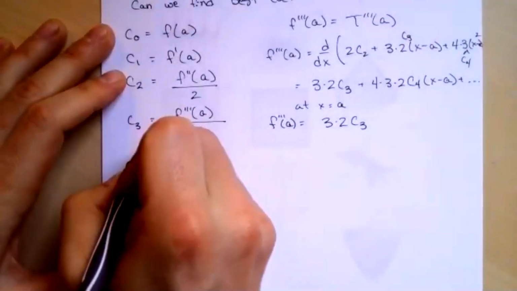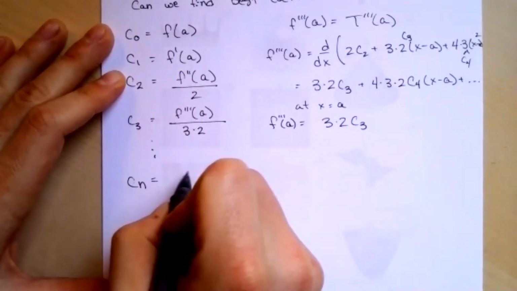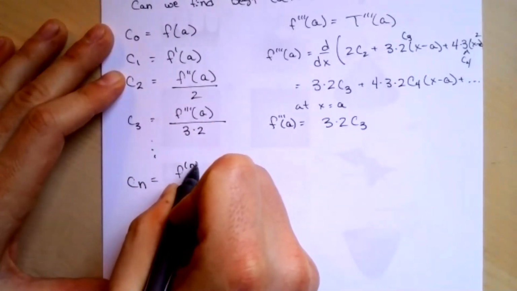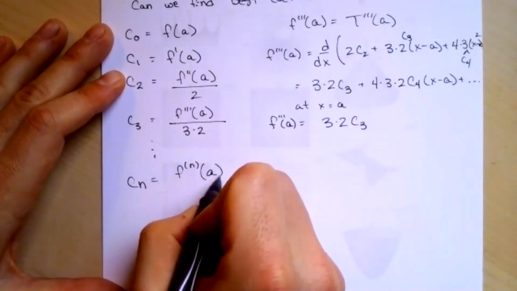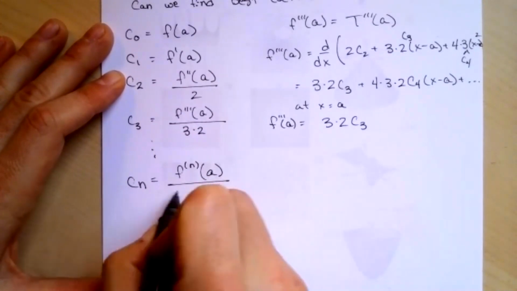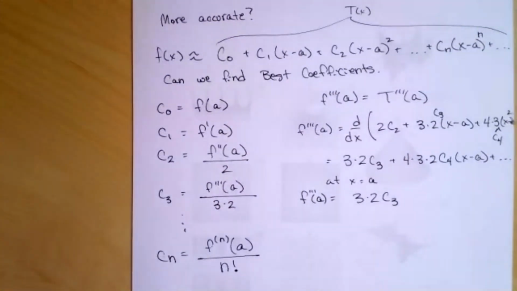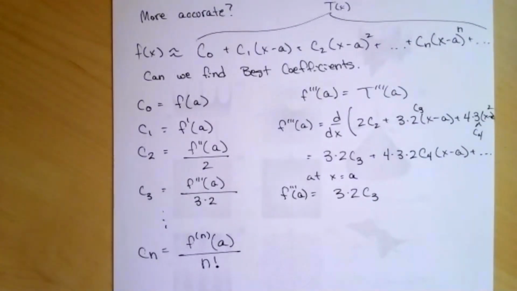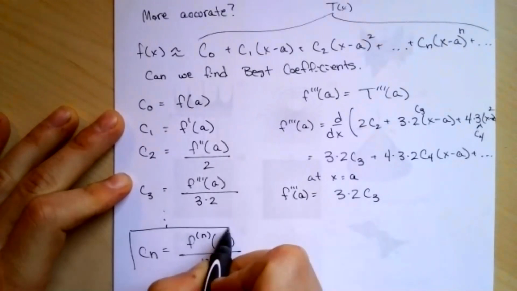So in general, the formula for the nth coefficient is going to be equal to the nth derivative of f at a over n factorial. So this is pretty huge.